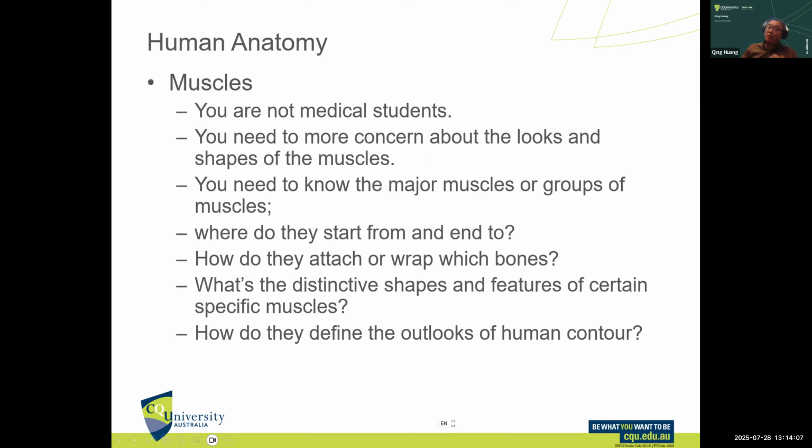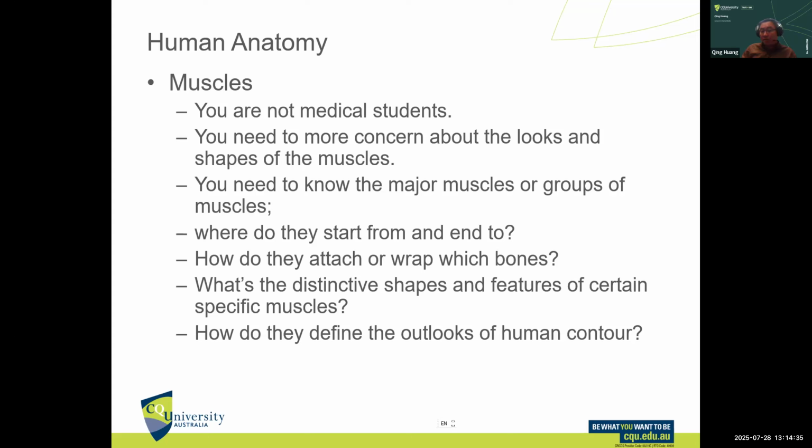After you have studied all the bone structures, shapes and forms, you need to familiarize yourself with the muscle groups and muscle structures as well. Again, you are not a medical student, so you might not need to memorize all the special terminologies, but you need to be more concerned about their looks and shapes.